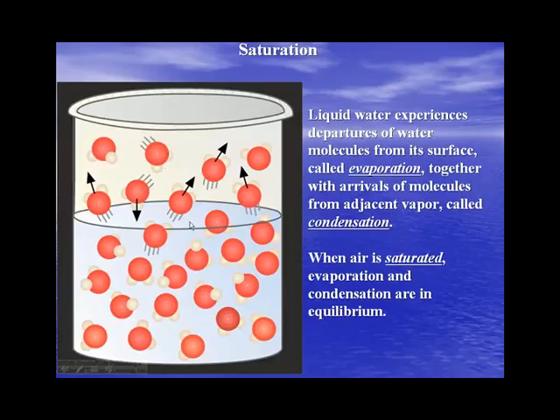When this process here is in equilibrium, in other words, when you have an equal amount of water vapor condensing, turning into liquid, and an equal amount of water vapor molecules going from liquid into the vapor form, this is a term called saturation. Okay? It's the balance between basically evaporation, going from liquid to vapor, or condensation, going from vapor to liquid.